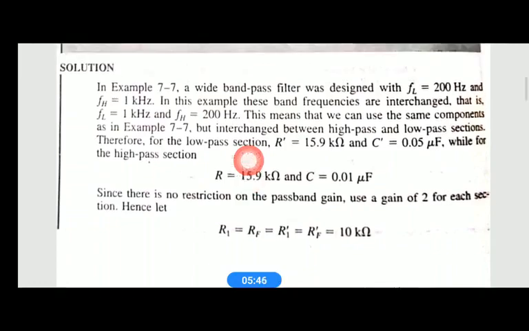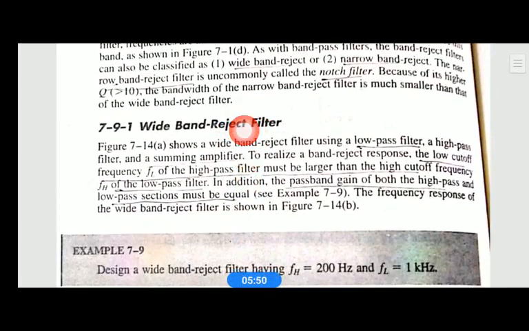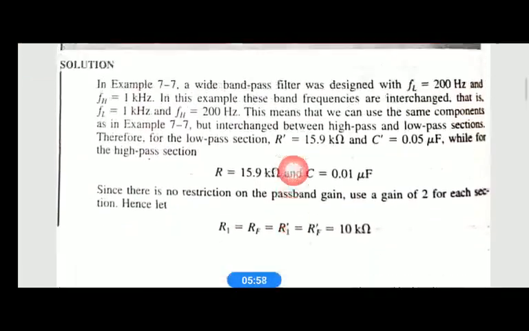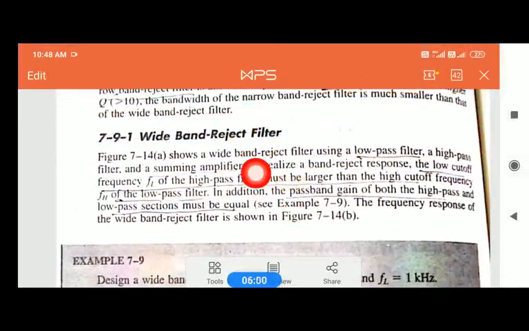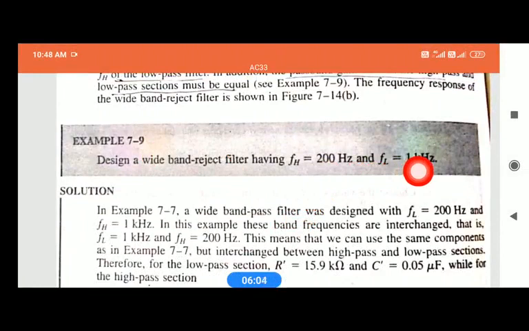One is the wide band reject filter, another is the notch filter or narrow band reject filter. So whatever we discussed here, this circuit is the wide band reject filter. So let's design this wide band reject filter here.